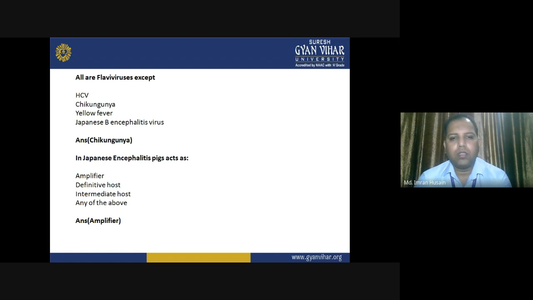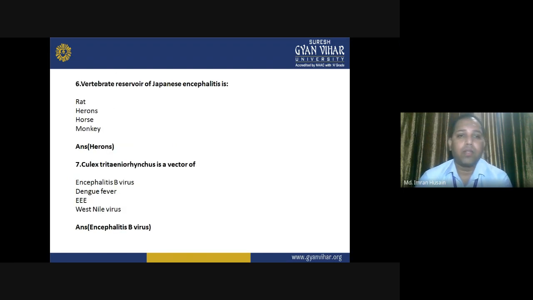In Japanese encephalitis, pigs act as amplifiers for the disease agent. The vertebrate reservoir of Japanese encephalitis is herons. Culex tritaeniorhynchus is a vector for encephalitis B virus.